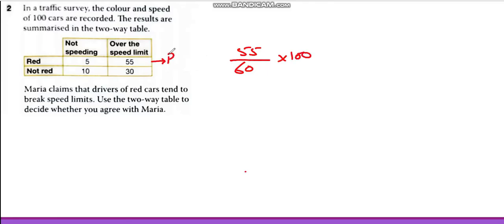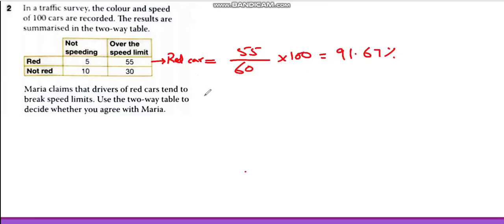Basically, these are the red cars which are breaking the speed limit. So I'm representing the red cars in percentage, and that would be 91.67%.